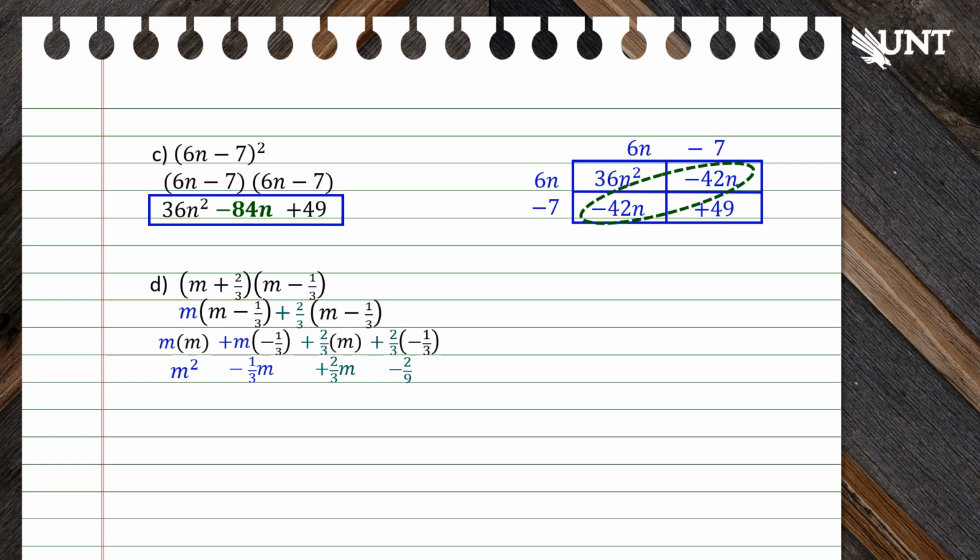So we can go ahead and combine these like terms. The m squared is the only m squared we have, but negative 1/3 m plus 2/3 m can combine to give us a positive 1/3 m, and then we keep the constant of minus 2/9. So our final answer is m squared plus 1/3 m minus 2/9.